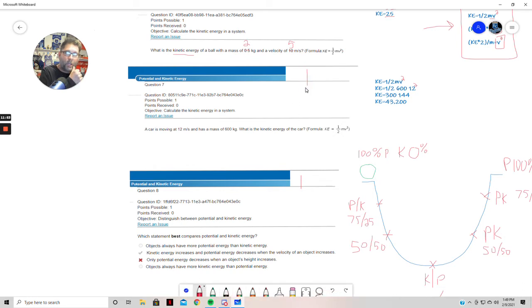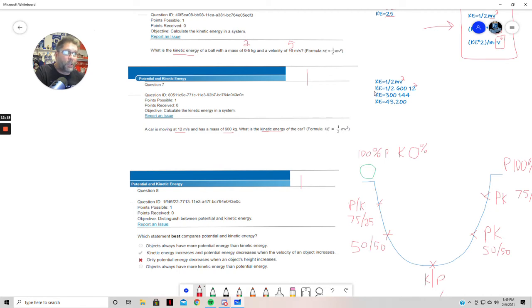All right, but again, our question is, we've got velocity at 12, we've got a mass of 600, and what is the kinetic energy? And that's helpful because that's the easiest way to use this formula, because everything is on the side that it needs to end up on, and so therefore we're just plugging in the numbers.